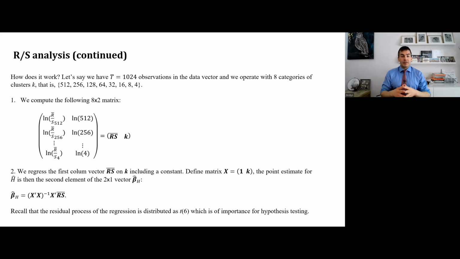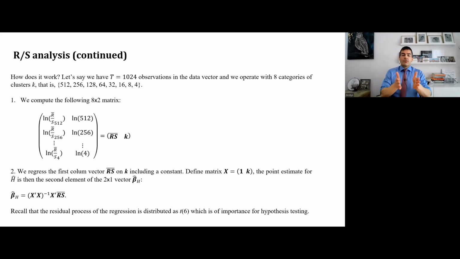So very simple OLS regression. And then recall that the residual process of the regression is distributed as t distribution with 6 degrees of freedom, which is of importance for hypothesis testing.